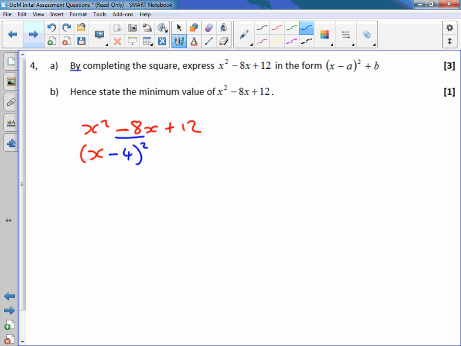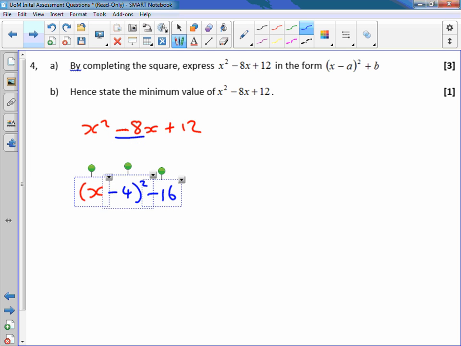If I expand that, I'm going to end up with x squared minus 8x, which is what I want, but I'm going to have a plus 16, which I don't want. So I'm going to subtract 16. So that expanded is equal to, it's going to work, it is, linear. So that and that are the same thing.